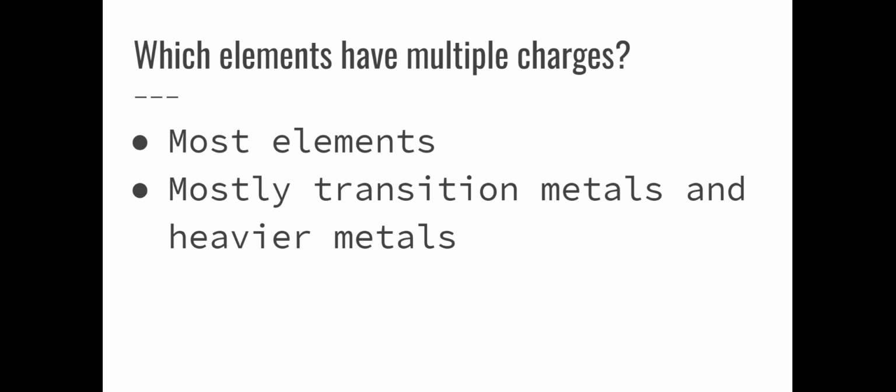The chalcogens column that I read off, I said oxygen, sulfur, selenium, and tellurium will always have a 2 minus charge. But underneath tellurium, element number 84 is polonium. It is a heavy metal, not the rock band.